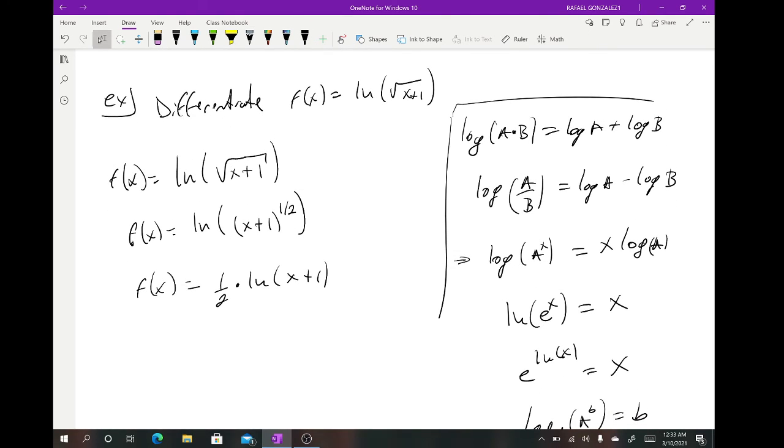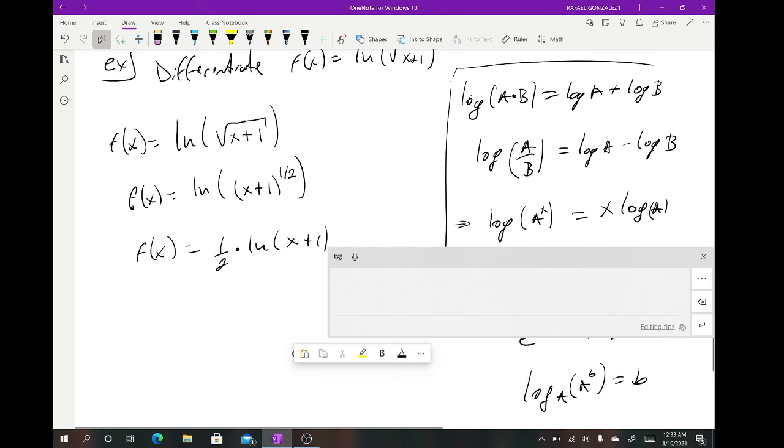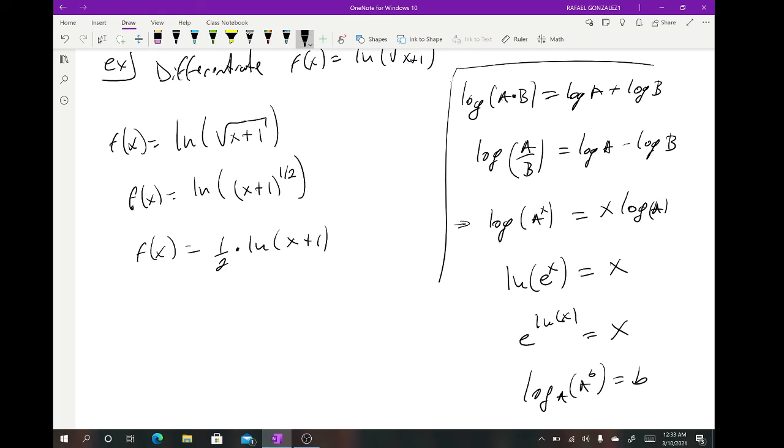And now we can actually take the derivative. Here, what I have for my u is x plus 1, and f of u is simply 1/2 ln of u, in this case. u prime, the derivative of this, is just 1, and f prime of u is simply 1/2 times the derivative of ln of u, which is 1 over u times u prime.